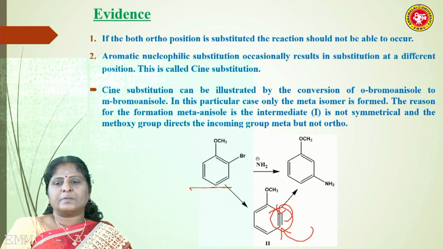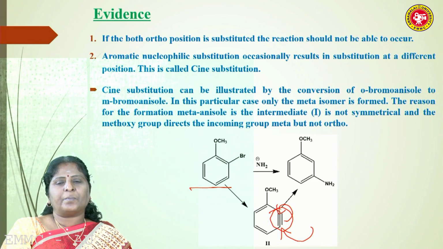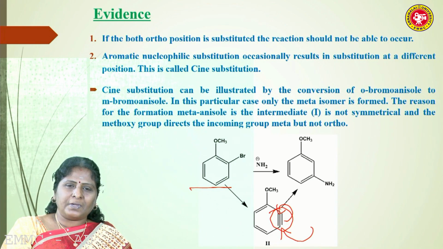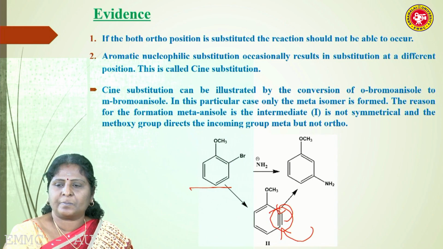So the group which is already present on the system, that means the substrate, plays a major role in directing the incoming groups. This proves that cine substitution is occurring in this type of substitution reaction. Cine substitution is one of the evidences that the mechanism which is operating is the benzyne mechanism. Thank you.